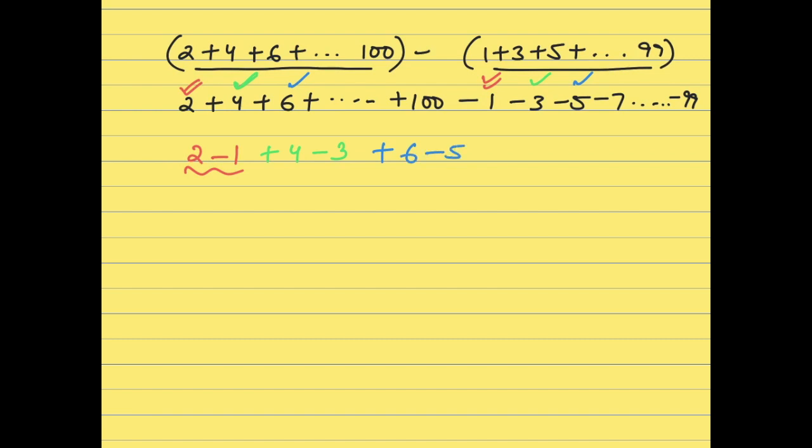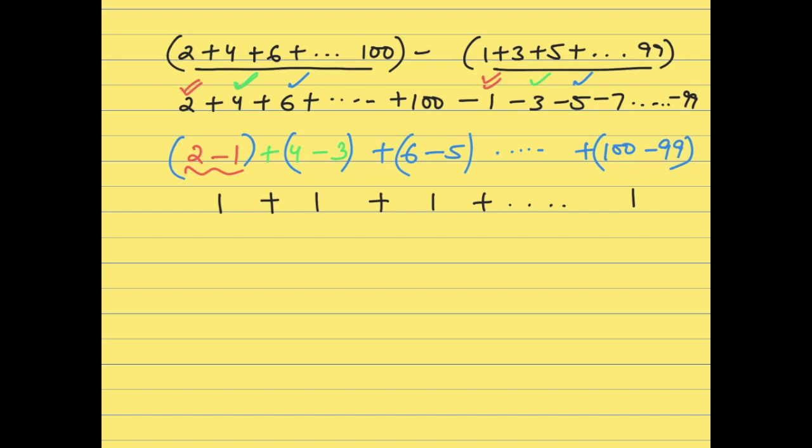Oh, you can see there becomes a kind of pattern. So if you see the pattern, you can see that 2 minus 1 is 1, 4 minus 3 is 1, 6 minus 5 is 1, and so on. But how many ones do you get? It's very easy. In the first sequence, we have 50 numbers.